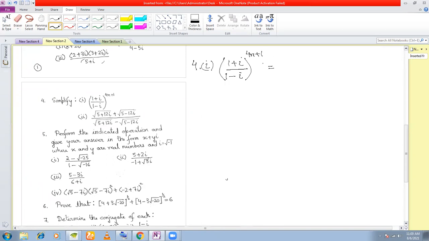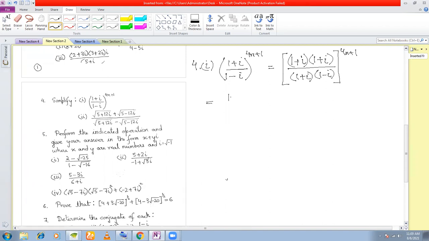So forget about the power first. We simplify what is the base. So you have 1 plus i here, and because you have 1 minus i in the denominator, you multiply the numerator and denominator by 1 plus i, to the power of 4n plus 1.